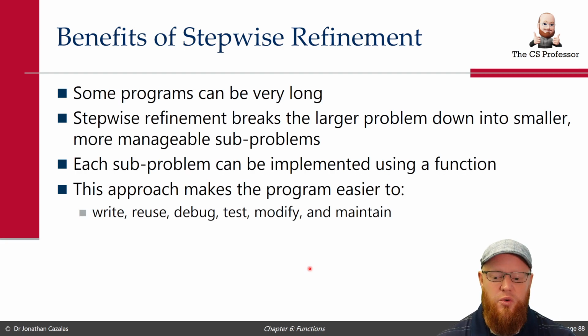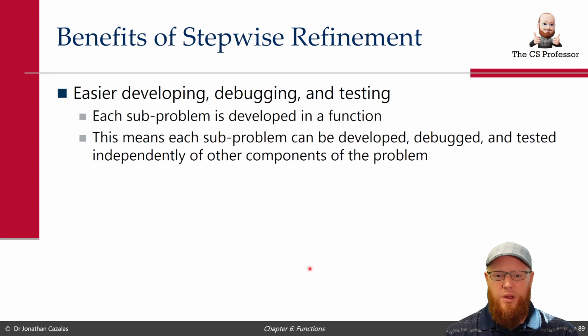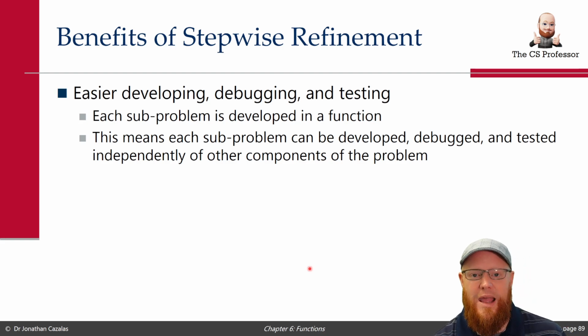And it makes your program easier to debug, easier to modify, easier to maintain. Because if you've broken down maybe 800 lines of code into maybe 5 or 6 different functions of 100 lines of code each, well, now you can debug those functions independently, individually.